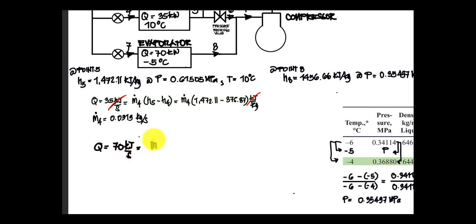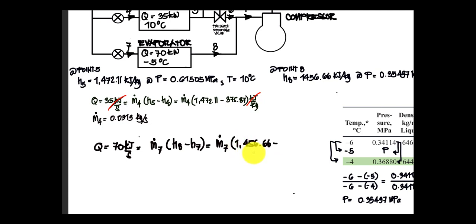This is equal to the mass flow rate at point 7 multiplied by the change in enthalpy from point 8 to point 7. So this is the mass flow rate at point 7 multiplied by the enthalpy at point 8, which is 1456.66, minus the enthalpy at point 7.